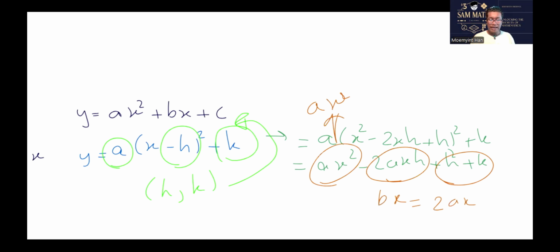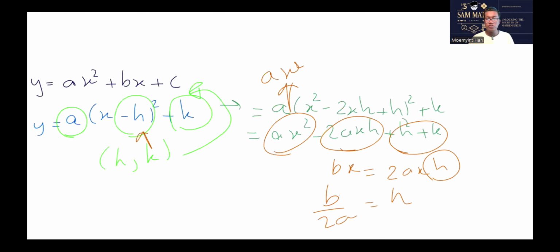So to find h, which is the vertex x-value, as I said earlier, we have to do the following with b. We get h equals minus b over 2a, because the x and the a will get divided out of each other.